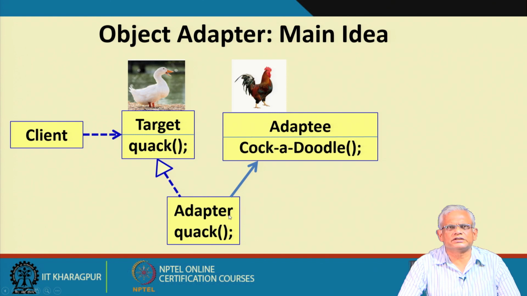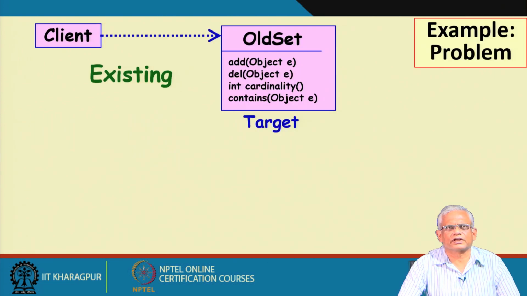The adapter holds a reference to the adaptee object, and whenever the client calls quack on the adapter, it calls cockadoodle on the reference of the adaptee that it internally stores. So, these are the two main ideas in the adapter pattern, the class adapter and the object adapter.